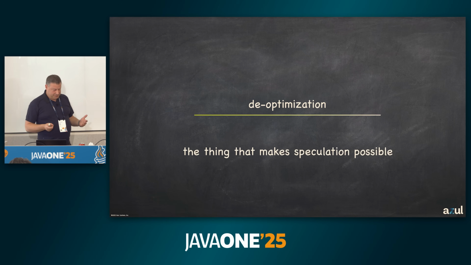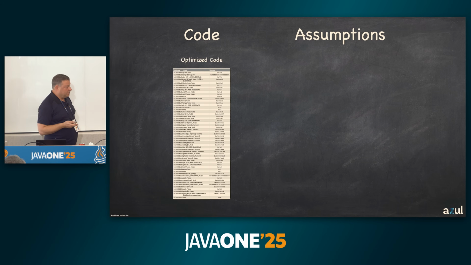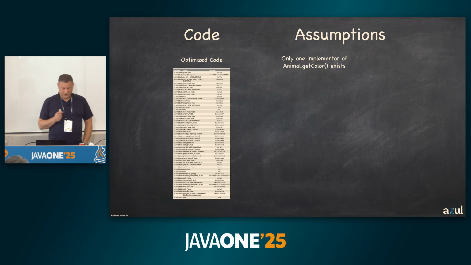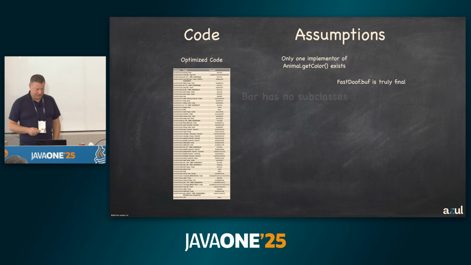And in fact, de-optimization is the thing that actually makes it possible to speculate to begin with and get the speed we get out of this stuff. What that means is when a JIT compiler delivers code, it doesn't just deliver code. It also delivers assumptions. Assumptions like, there is only one implementer of getColor, or this field is truly final. It hasn't been overwritten by anybody.